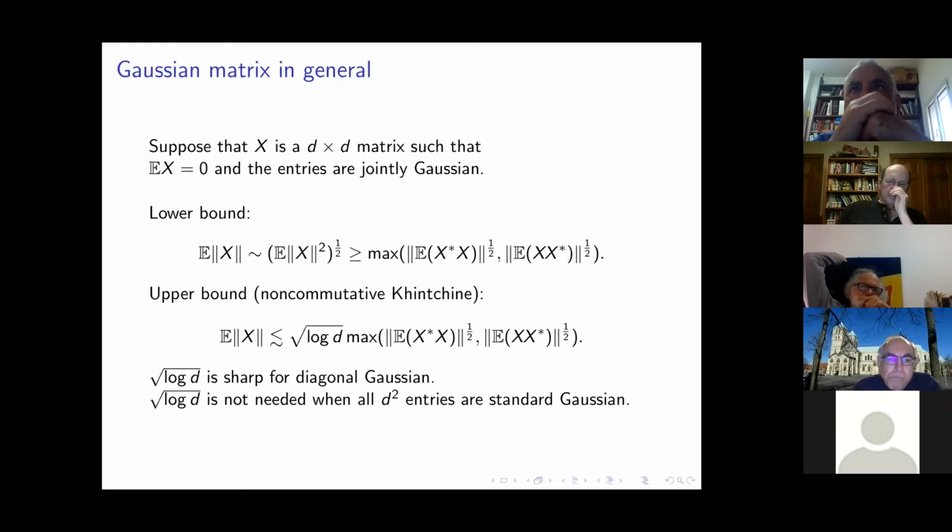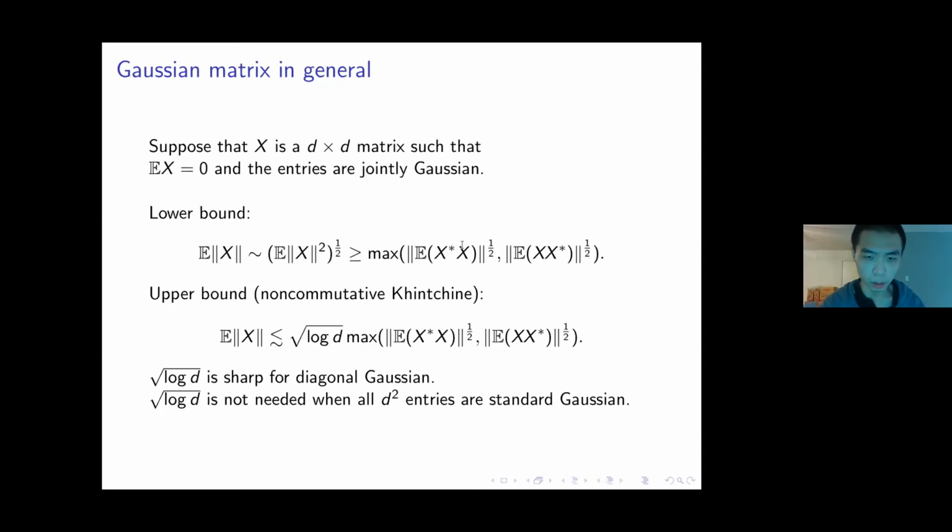The upper estimate is the non-commutative Khintchine inequality. It's the same as the lower estimate, but with a square root log D there. So up to the square root log D, the non-commutative Khintchine inequality gives the estimate for the expected spectral norm of such a matrix. So when is the upper bound sharp and when is the lower bound sharp?